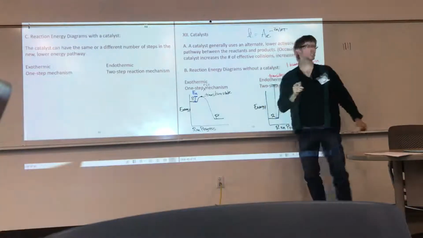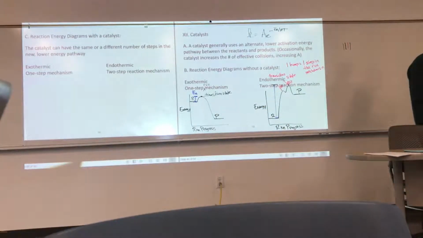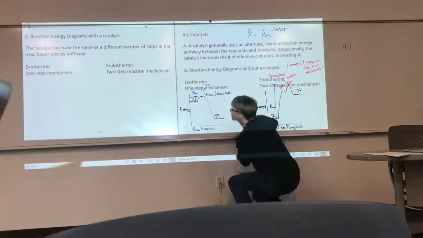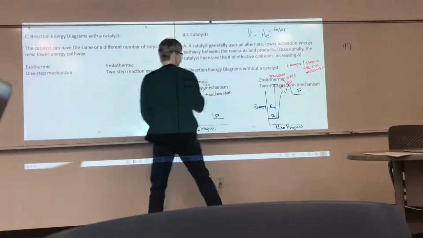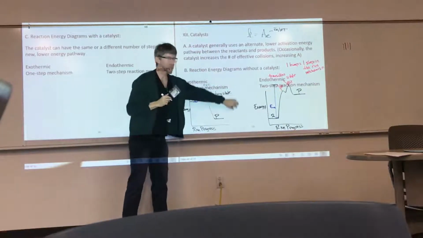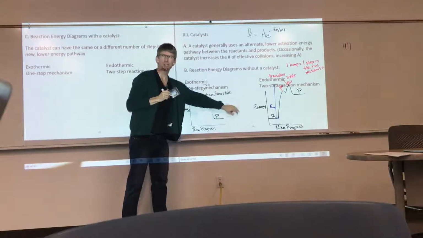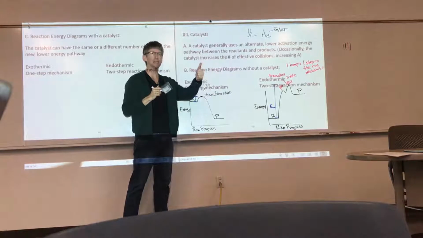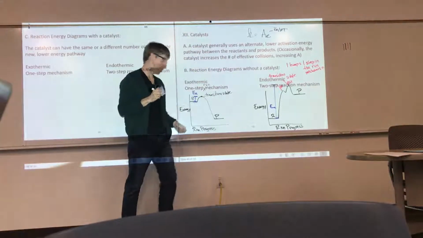It always starts with reactants, and it always goes to the highest energy transition state. So, in this space right here, what I want to point out is that EA, the activation energy, is always from reactants to highest energy transition state.